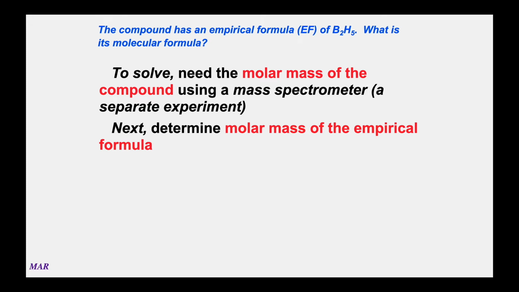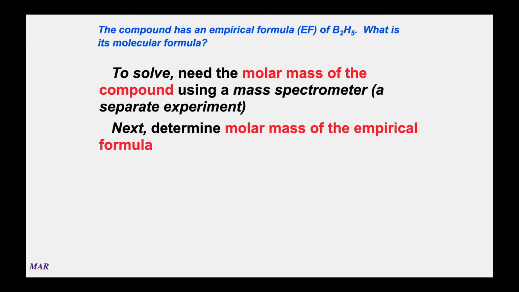The chemist would do a second test, which was the molar mass of the compound. And that doesn't say anything about what's in the compound, like does it have hydrogen or uranium or arsenic or whatever, but it does tell you that in a mole of the molecule, you have that many grams.